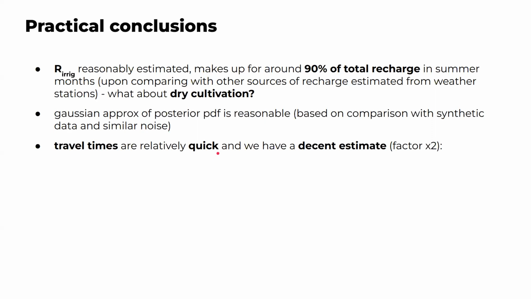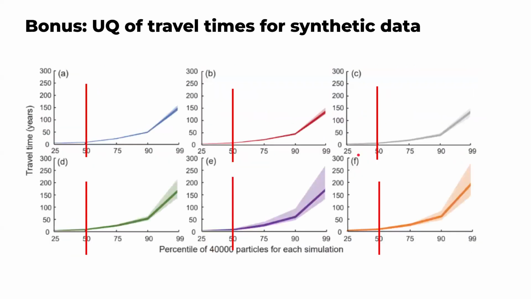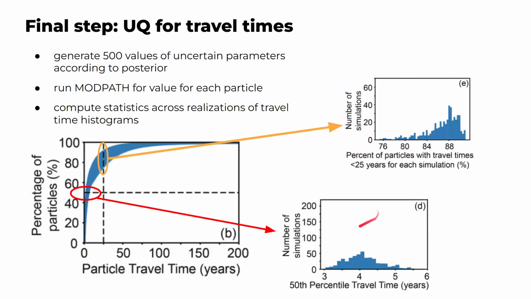I have no idea personally what is a quick travel time and a slow travel time, but I was told that the result that we got was that the travel times are relatively quick. And we're decently good in estimating them because we have essentially an uncertainty of factor 2. So if you go back here, you will see that the median of the travel time is about 3 to 6. So there's a factor 2 of error.